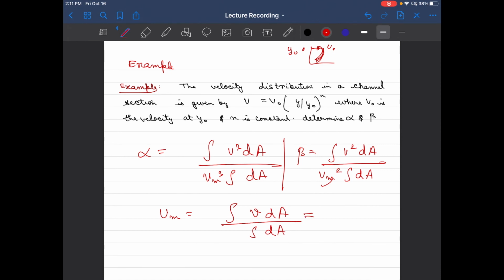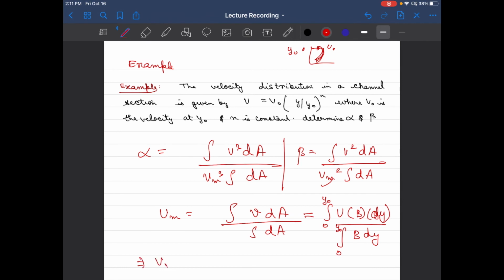If we assume that the breadth of our channel section is unity, we can simply write this as v into b into dy divided by b into dy. We will again take the integral, but now it will go from 0 to y naught, and we already know that velocity v is related to y in the form v equal to v naught into y upon y naught raised to power n.